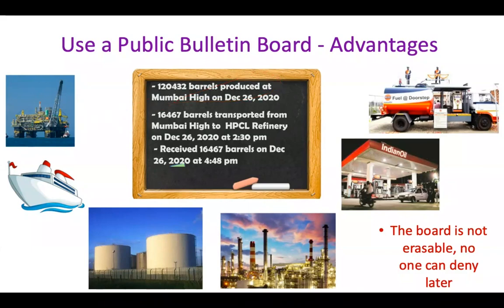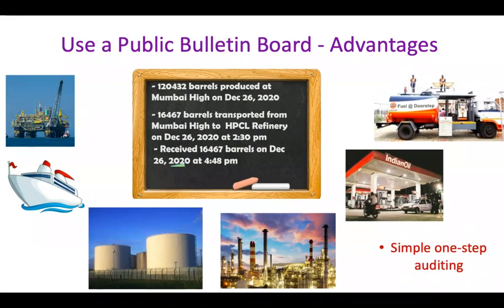So with this, what happens? Non-repudiation will be achievable. No one denies that this is not my information. That is one of the information security services, which we call non-repudiation. Then we get simple one-step auditing.